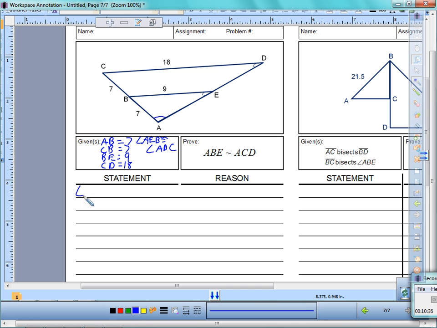I know that angle CAD is congruent to angle BAE. And the reason we can say that is via the reflexive property. Or if you wanted to, you could just say these are the same angles.